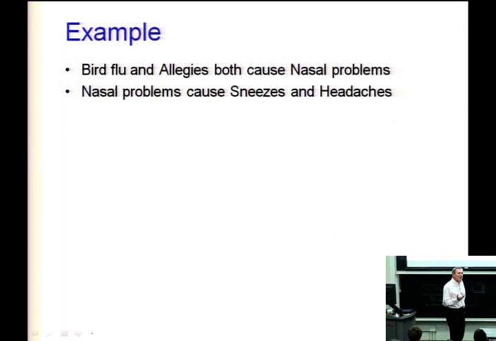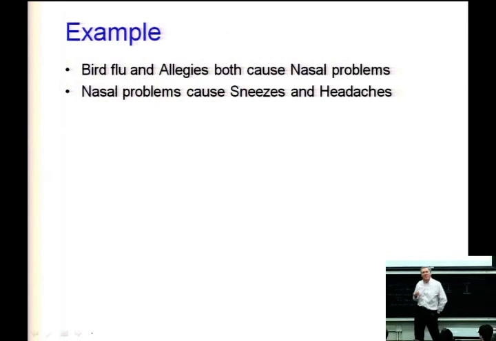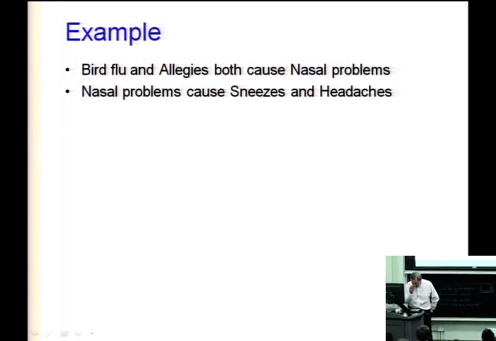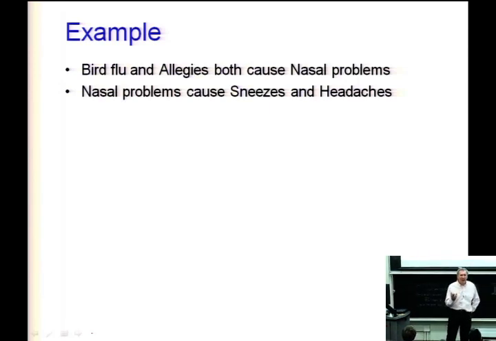All right, now here's a simple thing. Suppose that I want to write a Bayes-Net now, and I go to my doctor, and I say, tell me something about medicine, and she says, well, nasal problems can be caused either by the bird flu or allergies.